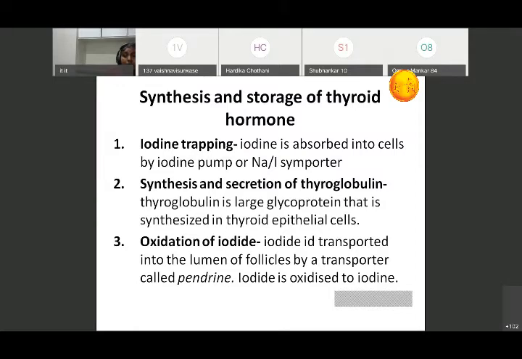So iodide is transported into the follicles by a transporter called pendrin. Then iodide is oxidized to iodine, and this iodine combines with the tyrosine and forms the thyroid hormones.